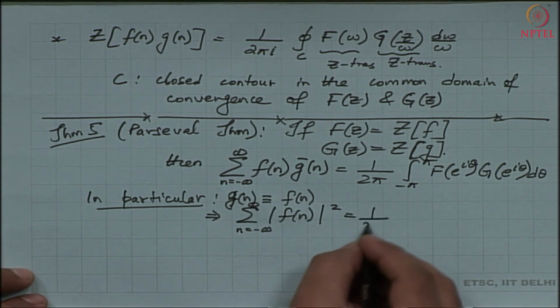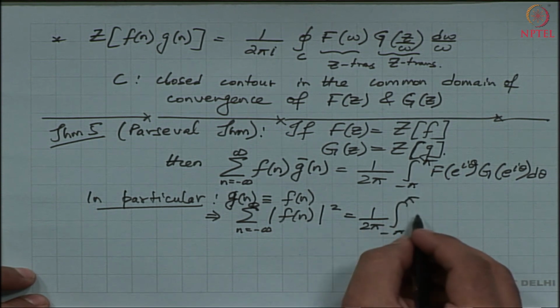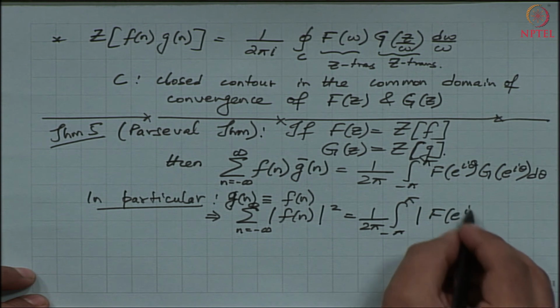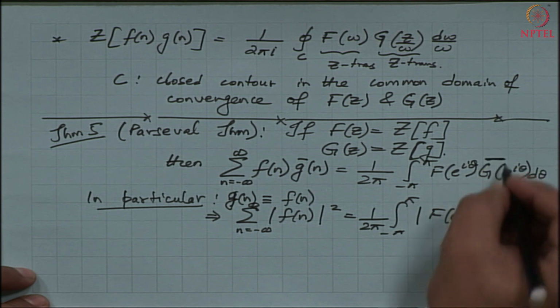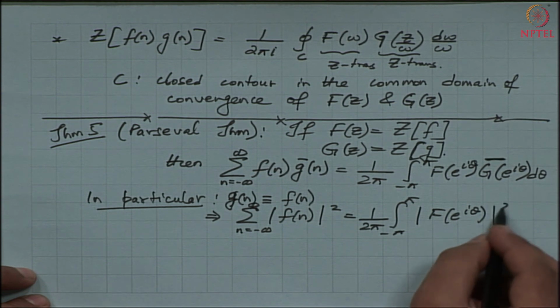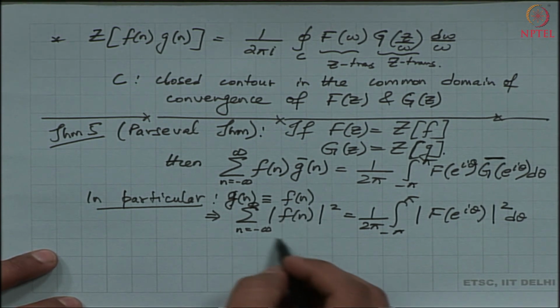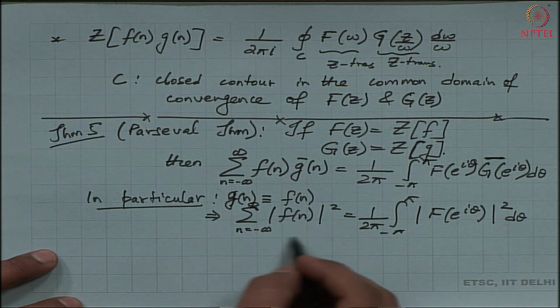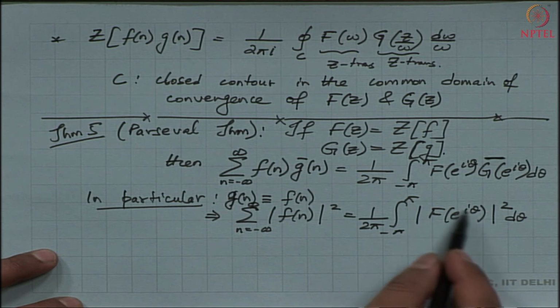This is also equal to 1 by 2 pi integral from minus pi to pi of mod F of e to the power i theta squared d theta, since the original result was with a conjugate: F of e to the power i theta and then F conjugate. So, what it tells me is that the square of the spectrum of the function in the physical domain equals the square of the spectrum of the function in the transform domain.